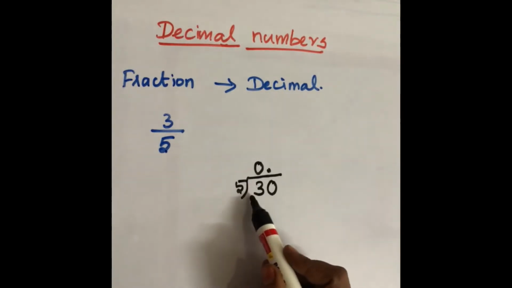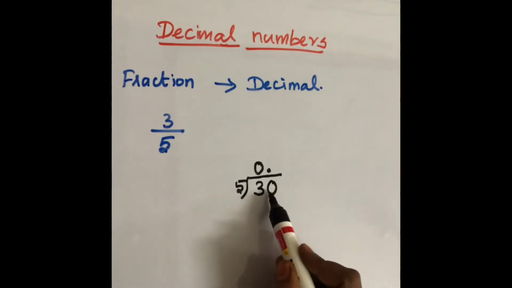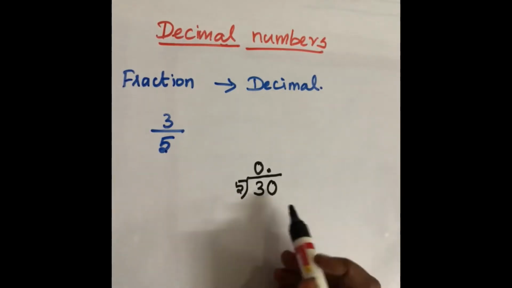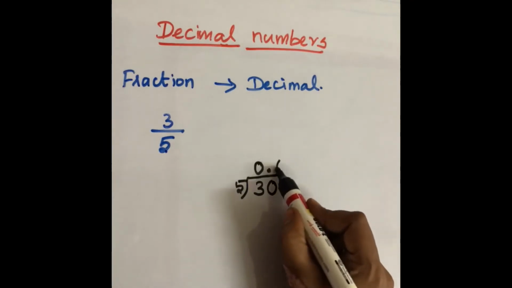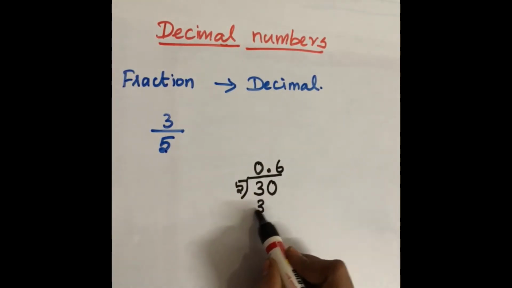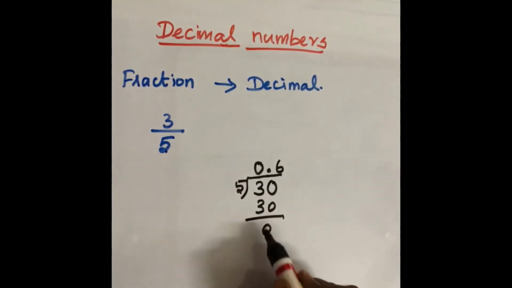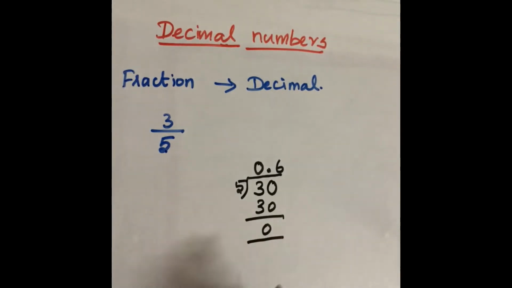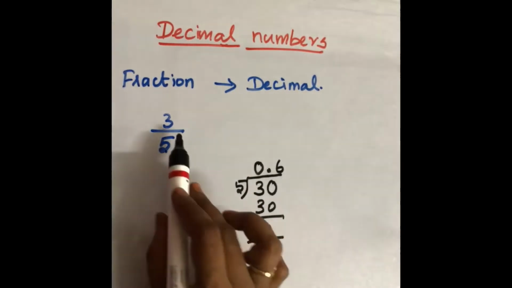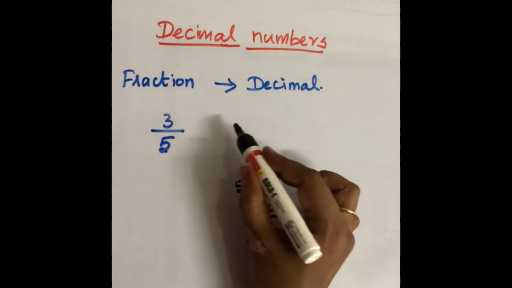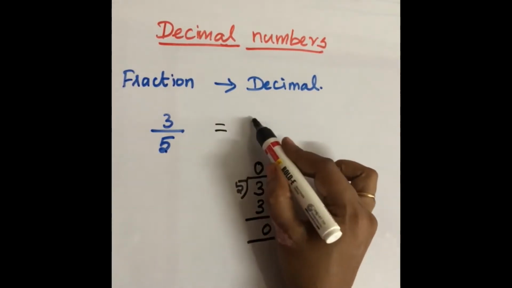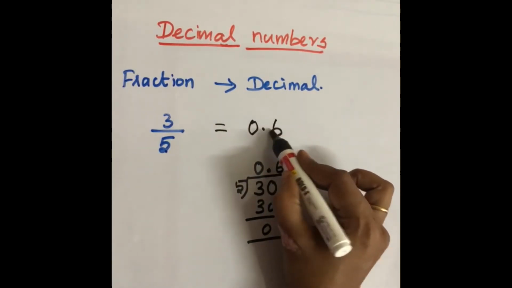Now take 30, how many times is 5 there inside 30? 6 5s are 30, so the remainder is 0. We couldn't proceed further, so 0.6 is the decimal form of this fraction. So 3/5 can be written as 0.6.